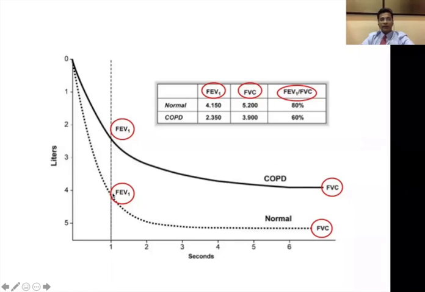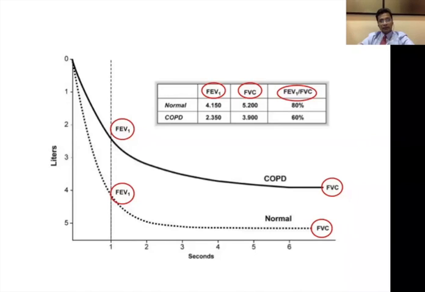So we look at the FEV1 over FVC ratio. In a normal person, you can calculate that. In a normal person, the FEV1 over FVC ratio is 70% or more. In this patient, it is about 60%. So that is an indication of obstructive airway disease.